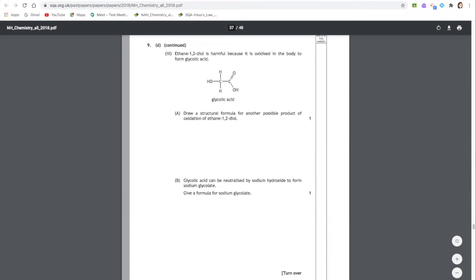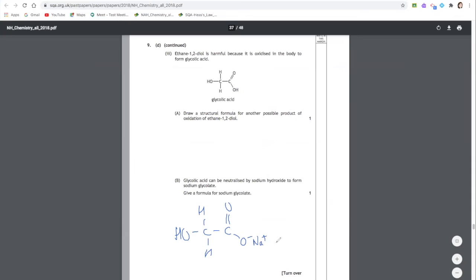And then glycolic acid can be neutralised by sodium hydroxide to form sodium glycolate. Give a formula for sodium glycolate. So when you neutralise an organic acid, the hydrogen ion comes off the carboxyl and the sodium goes in its place as an ionic bond.